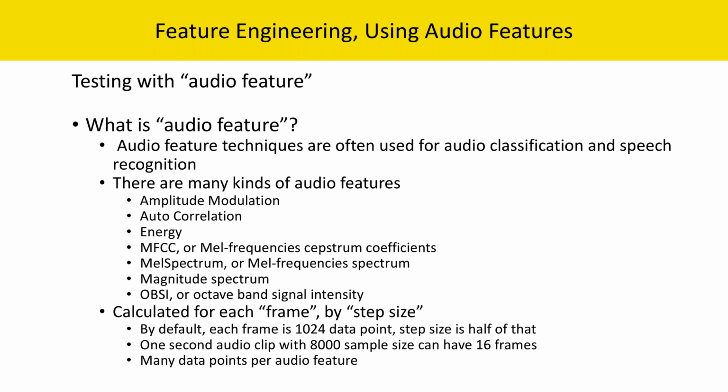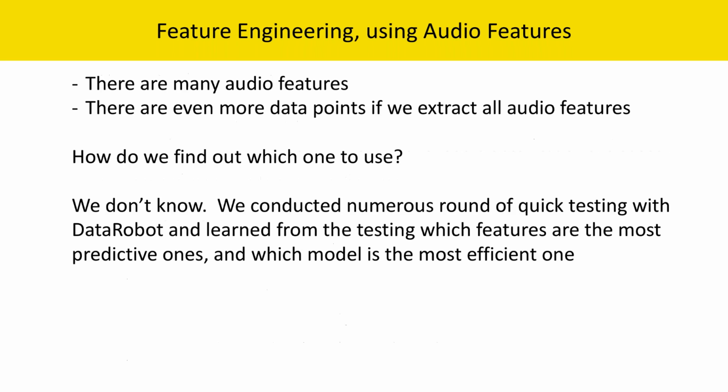For a 1 second audio clip with 8,000 samples, I will have 16 frames, and each frame can generate quite a few data points. So just one audio feature generates a lot of data points, and every single data point becomes a feature of the machine learning training data. You still end up with a lot of data points for each training example.